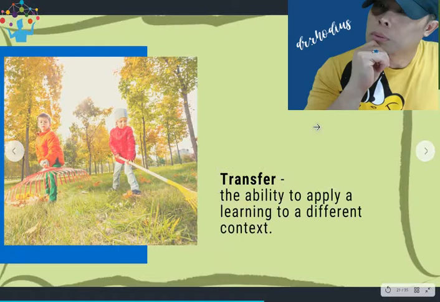Right, the transfer: the ability to apply learning to a different context. Regardless of what we're teaching, for example math, science, Arabic, or Islamic studies, or any kind of course, the challenge now is how am I going to make use of this learning, for example, in Islamic studies or in Arabic? How can I make use of that to be transferred in the real world of your children?